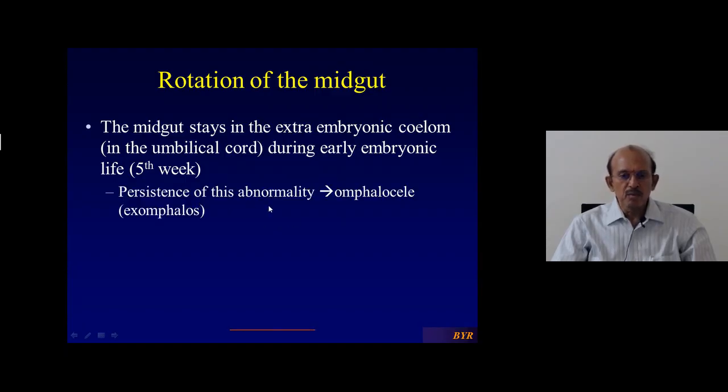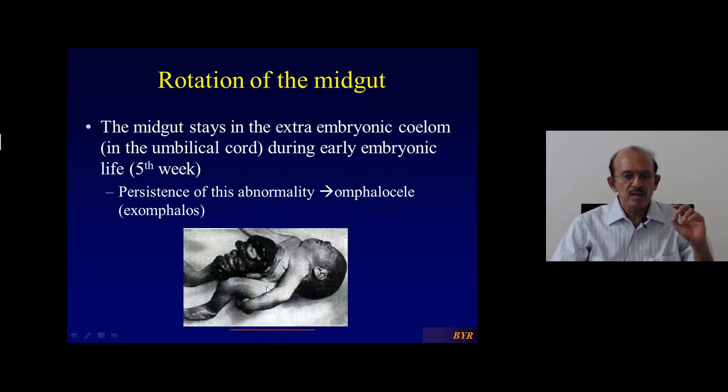Persistence of this abnormality, sometimes the child will be born with the same abnormality. The midgut won't return to the abdominal cavity. It will be retained in the umbilicus itself. Then we call that condition omphalocele. So this child is born with all the guts in the umbilical cord. Just like a thin sac is there.